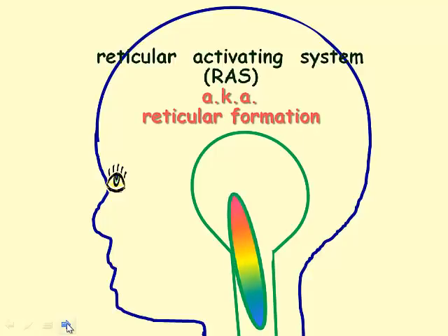RET means a net of neural fibers. The RAS is known for neural arousal. You can understand how the amount of light you perceive affects your waking and sleeping cycles. We'll discuss these cycles in terms of your circadian rhythms when we review altered states of consciousness.